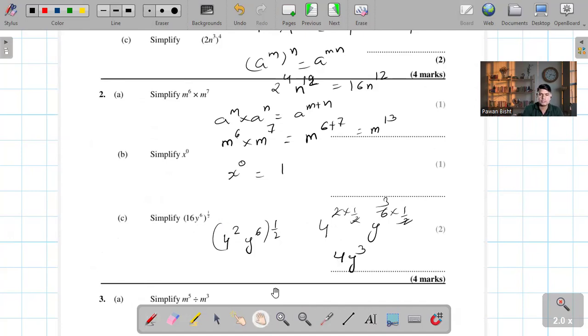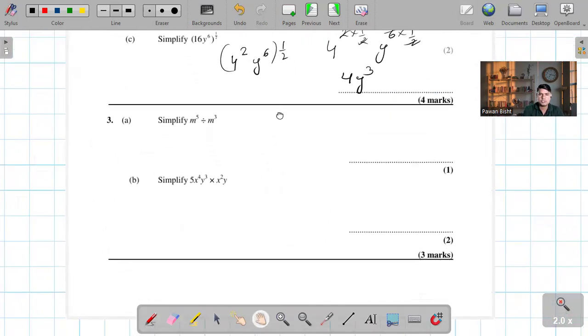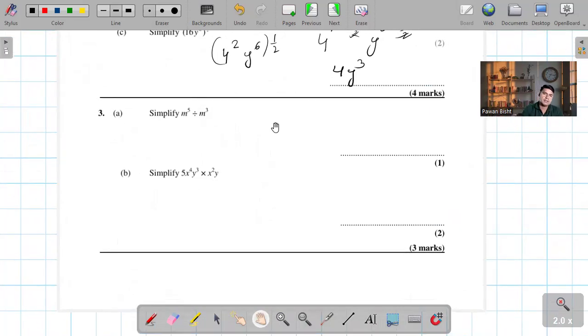Now let's move to the next question. Question number 3. Tell me which property we can apply. Yes, correct. Second property, a to the power m divided by a to the power n, a to the power m minus n. So m to the power 5 divided by m to the power 3, m to the power 5 minus 3, that is m squared.